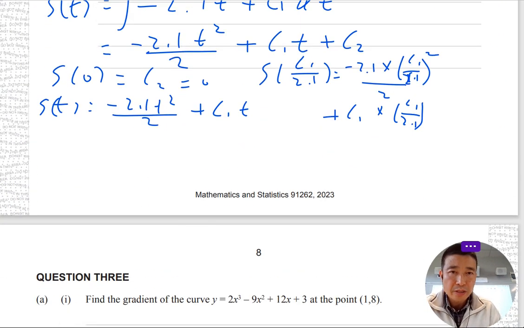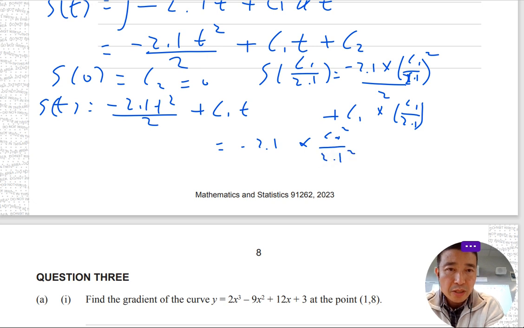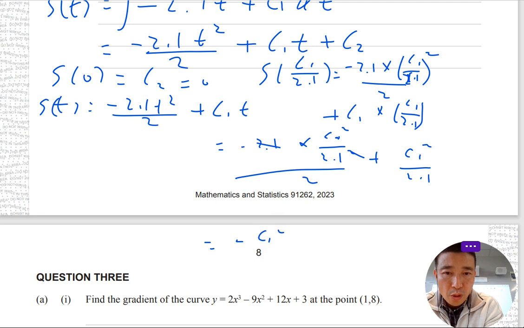I will show you how you calculate this. So you go minus 2.1 times C1 squared over 2.1 squared, over 2, plus C1 squared over 2.1. I can cancel this out, and then the 2 goes down. So I have minus C1 squared over 4.2 plus C1 squared over 2.1.